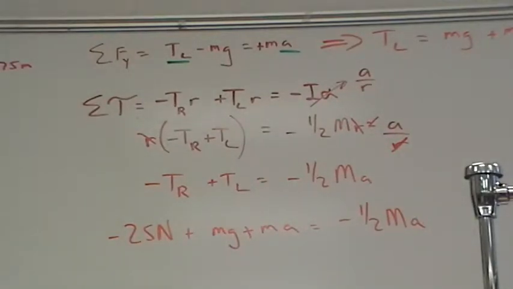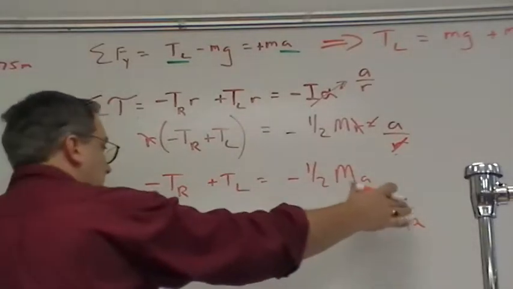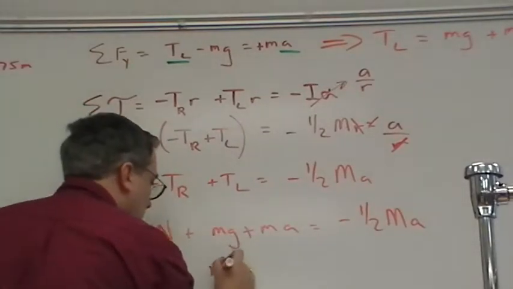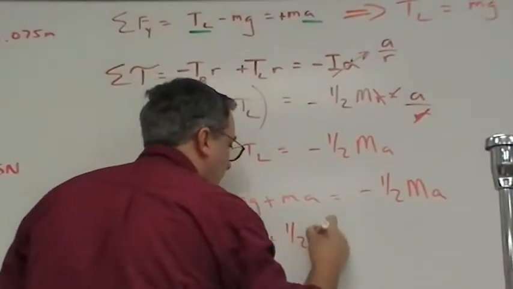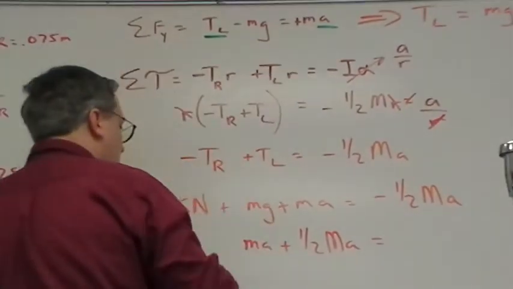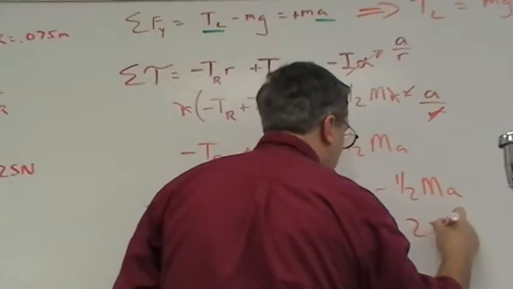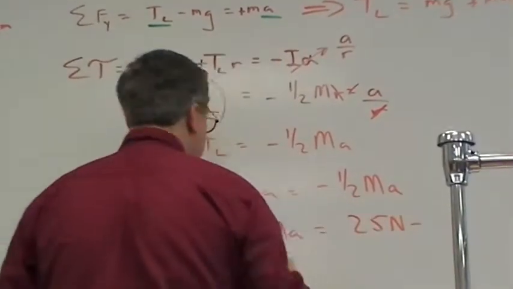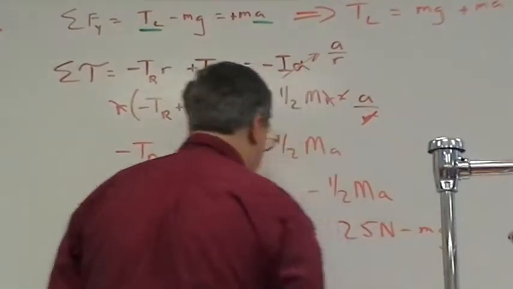Okay? Now let's do a little rearranging here. I want to bring my A's over to this side. MA plus 1/2 big MA equals 25 newtons minus little mg.